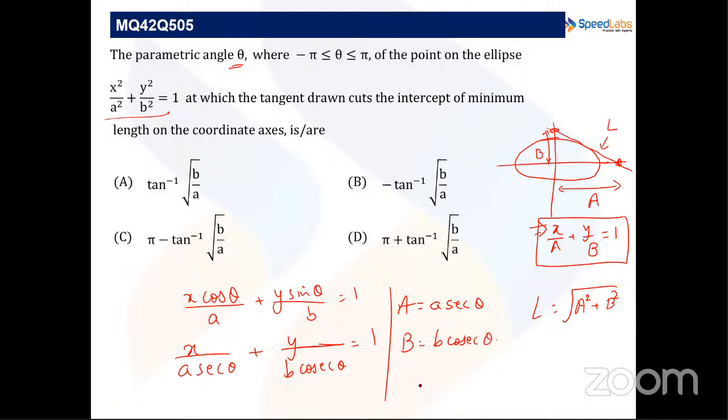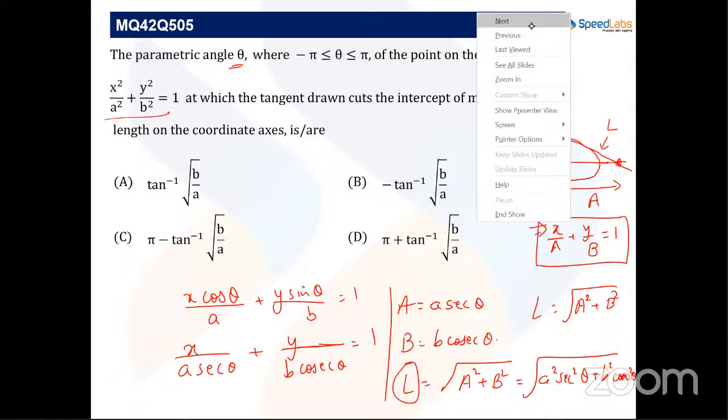Now the length L will be equal to under the root A square plus B square, that will be equal to a square sec square theta plus b square cosec square theta. We need to find the minimum value of L. To find the minimum or the maximum value, we will apply the basic logic of AOD, that is maxima and minima.